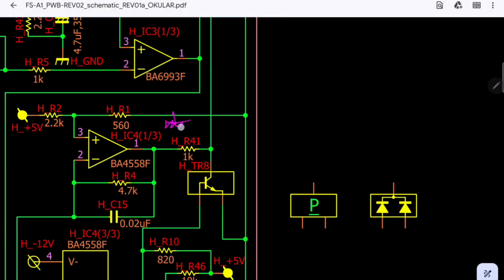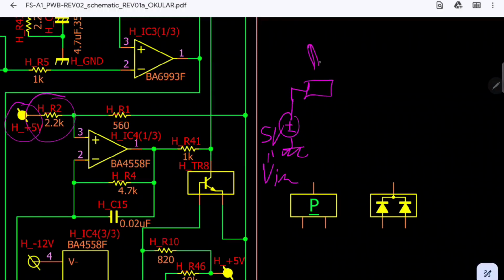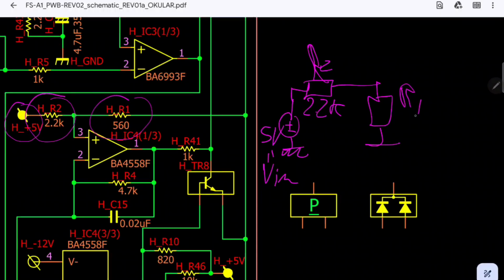So we can put a ground symbol in here and try to compute which is the tension that we have in here. So we have 5 volts, but we can call it V in, these 5 volts, which are connected to a resistor R2 of 2.2K, which is also connected to a resistor R1 560 ohms, and it is connected to ground like this.